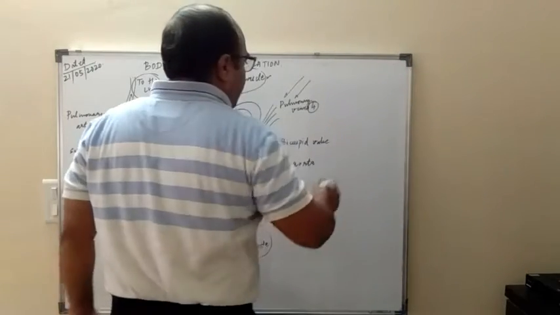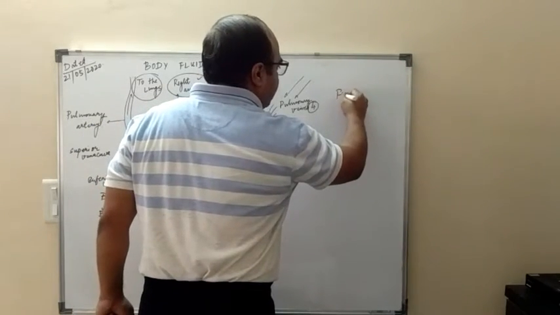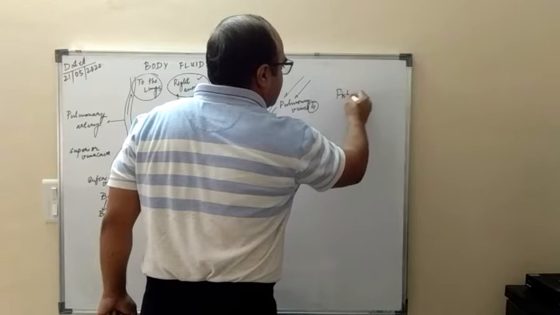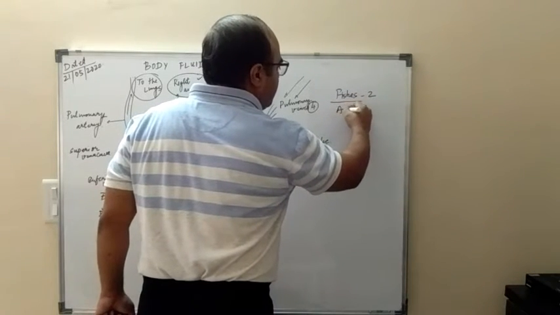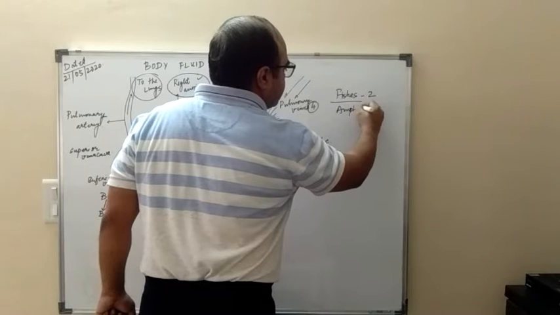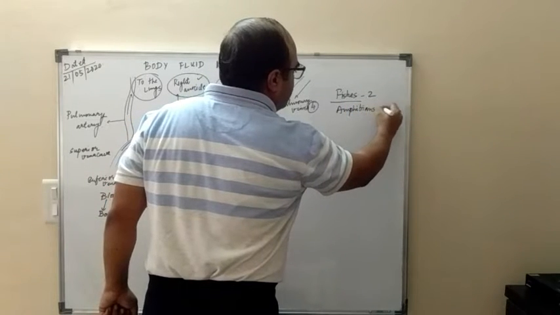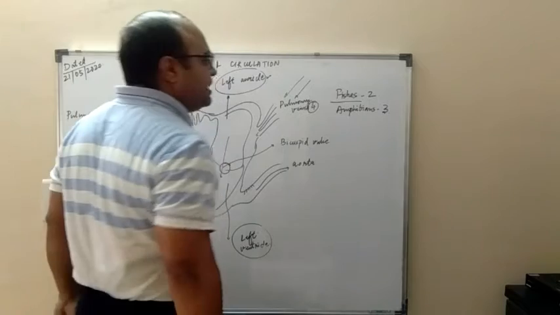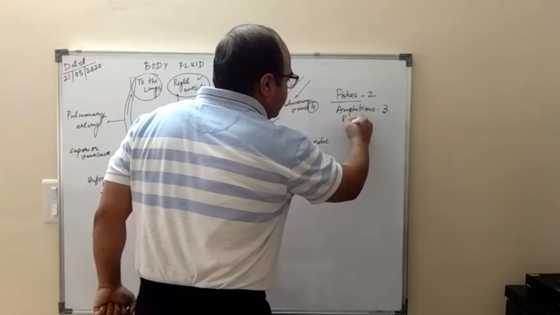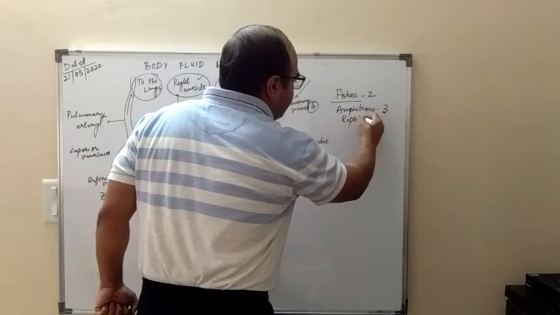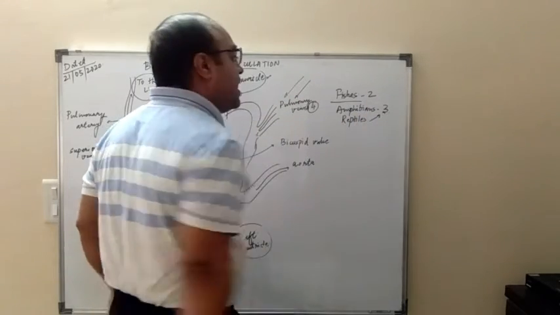In fishes you have two chambers. In amphibians you have three chambers, and in reptiles also you have a three chambered heart.